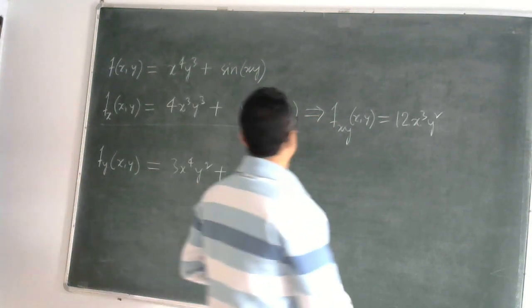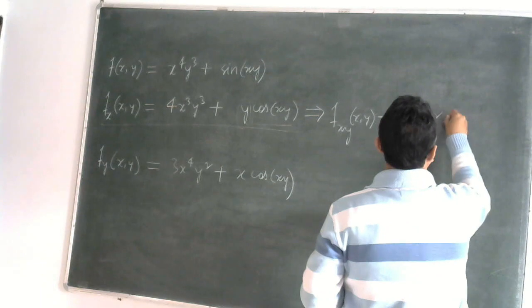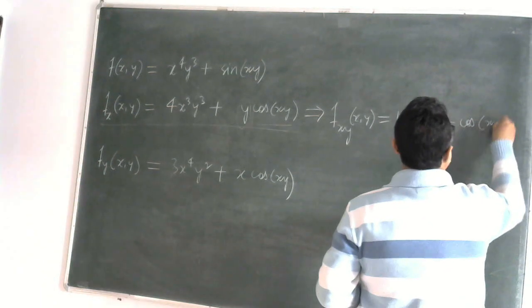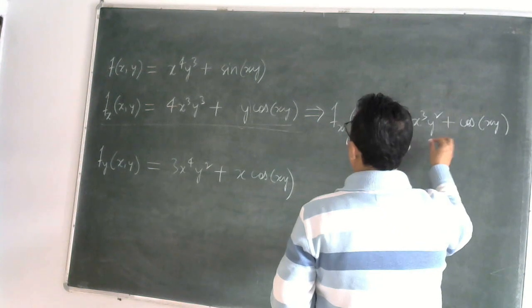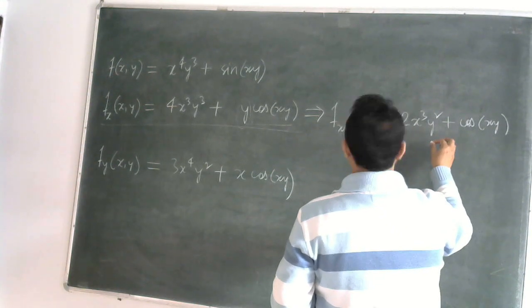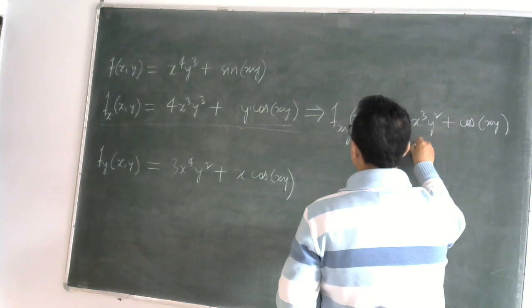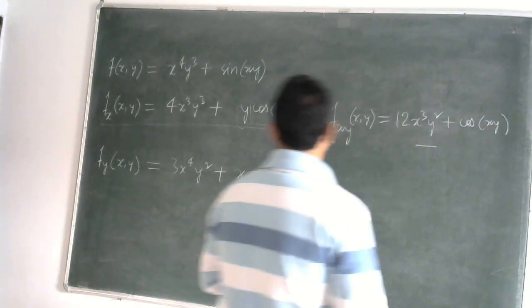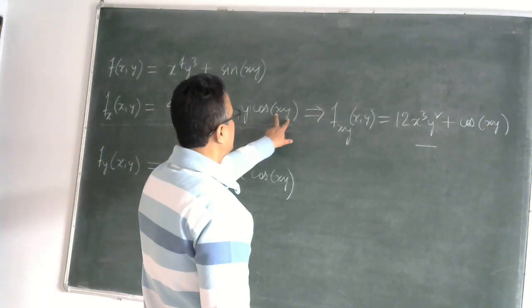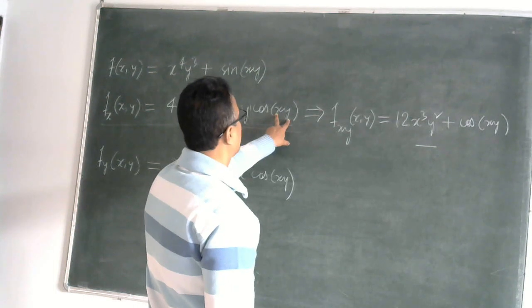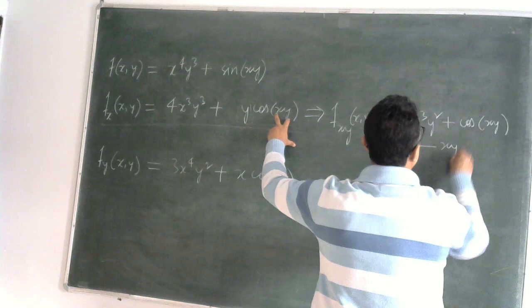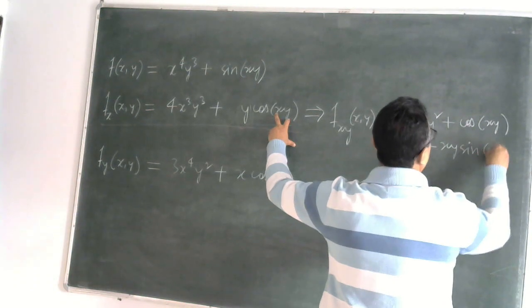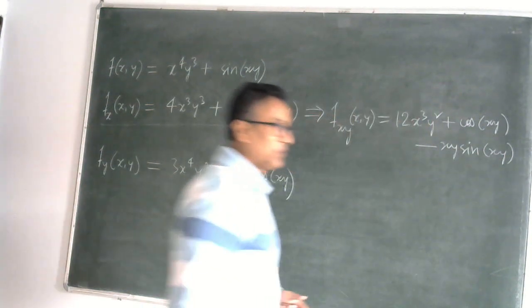If I apply the product rule, this is going to give me plus cos xy, and further it is going to give me minus sin xy, and if I differentiate xy with respect to y, it is going to give me x. So eventually this is xy sin xy.